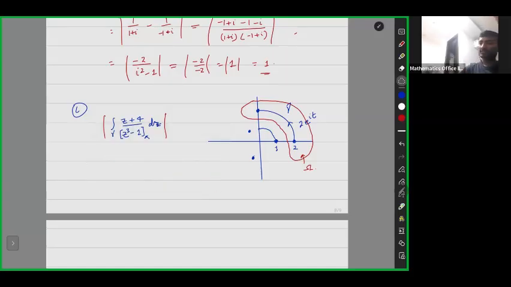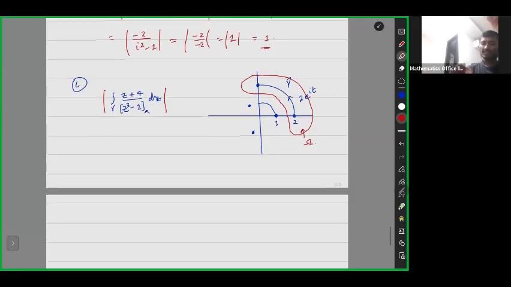So not doing it this way, we can use a change of variable and get our equation like this.